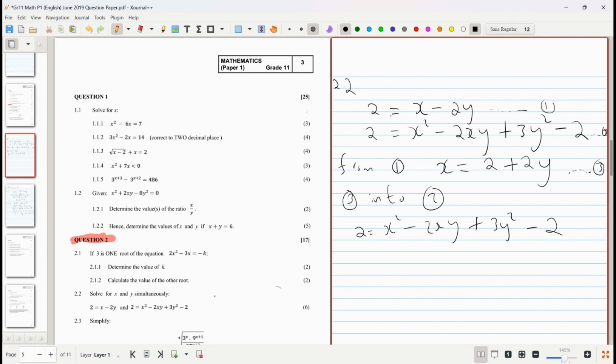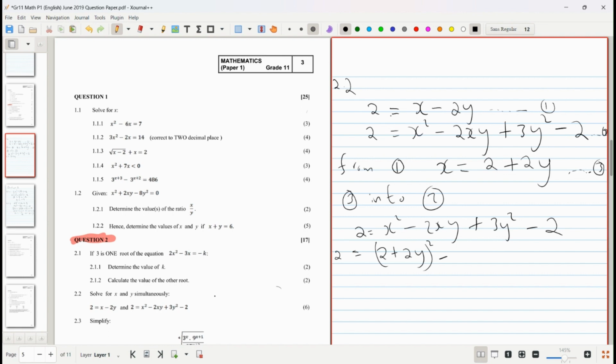So we need to substitute equation 3 into equation 2. Where there is x, we put 2 plus 2y. So let's substitute. There is x squared here, which means we'll have 2 plus 2y, and then all this will be squared.